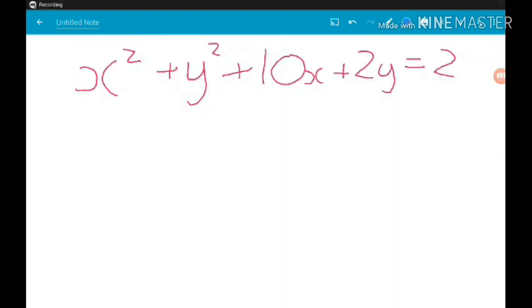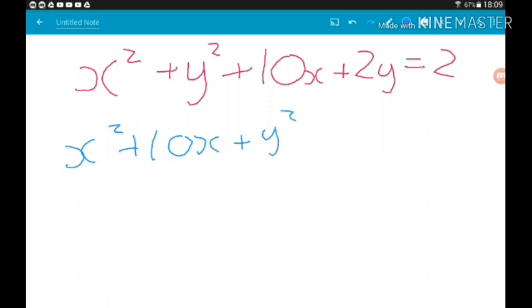Okay, exactly the same job then with this guy. X squared plus y squared plus 10x plus 2y is equal to 2. So, first of all, I would rewrite this so you've got your x terms together and your y terms together. So we've got x squared plus 10x plus y squared plus 2y is equal to 2. Now we complete the squares separately.